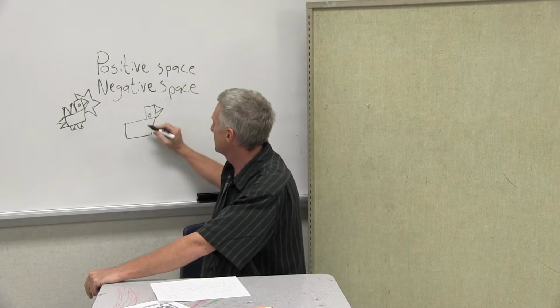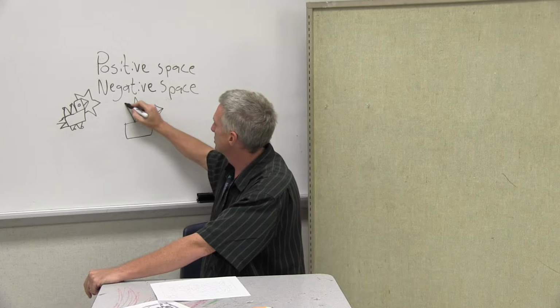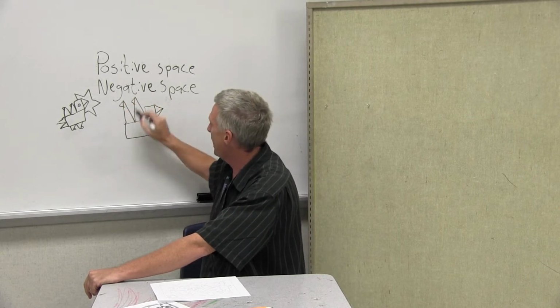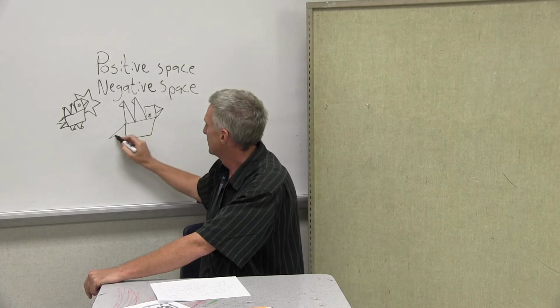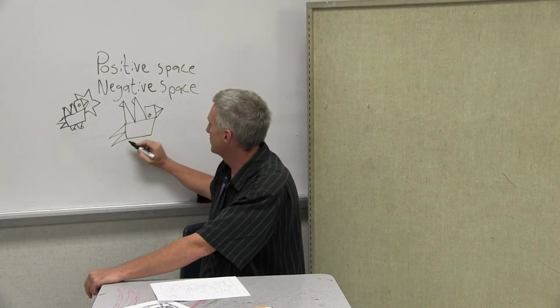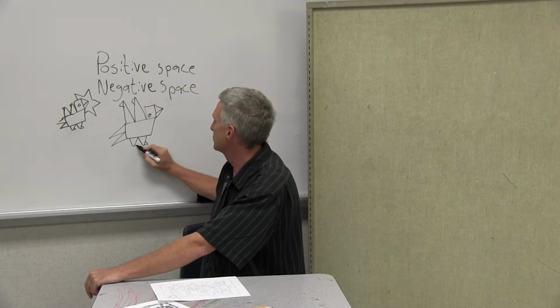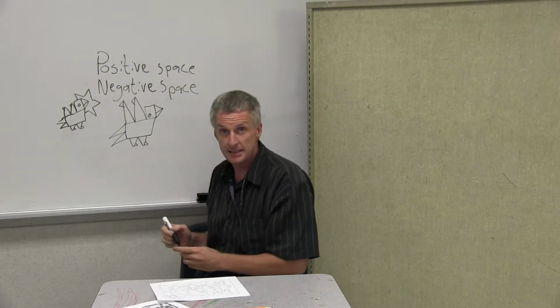I like to put the eye a little lower than you think you have to. A couple triangles on the back, then triangles here as the feathers. A couple triangles for the tail, and of course 2 triangles for the legs and 2 for the feet.